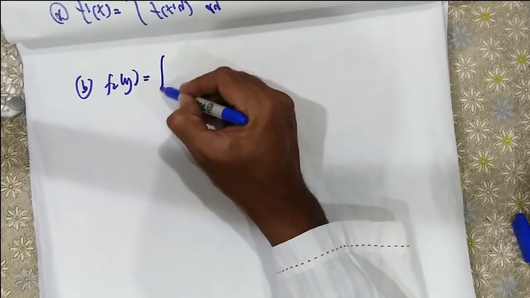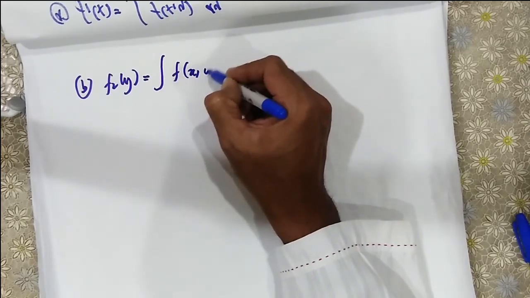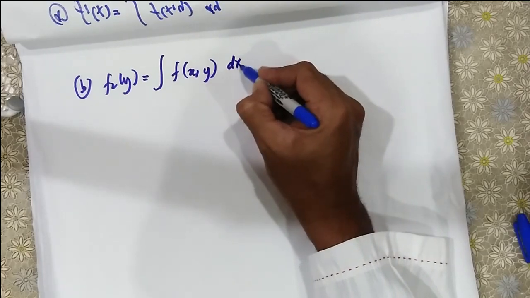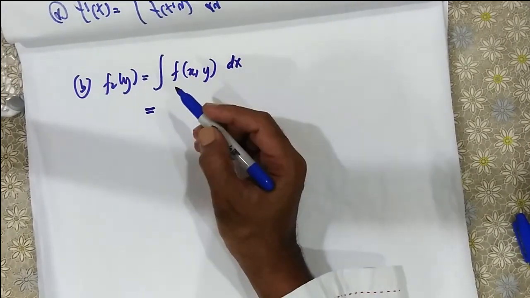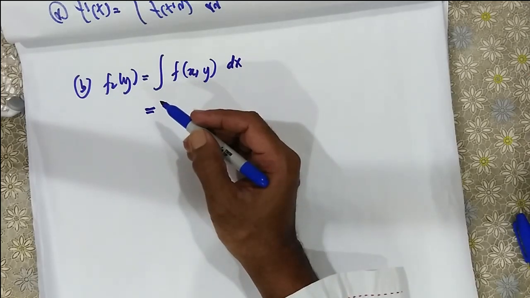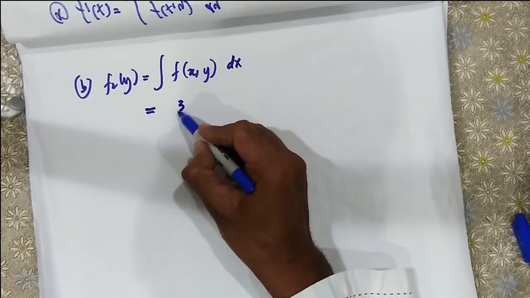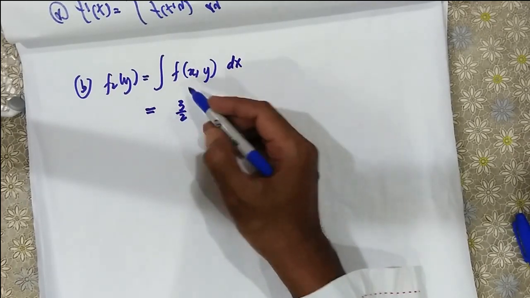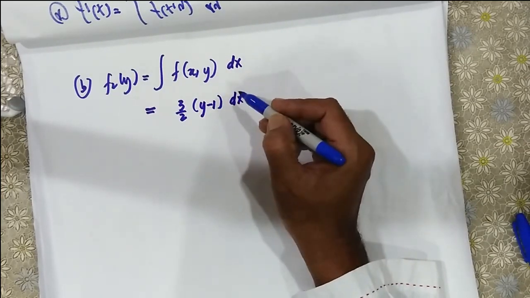By definition, we integrate the joint probability function with respect to x. The original function is 3 over 2 multiplied by (y minus 1), dx.